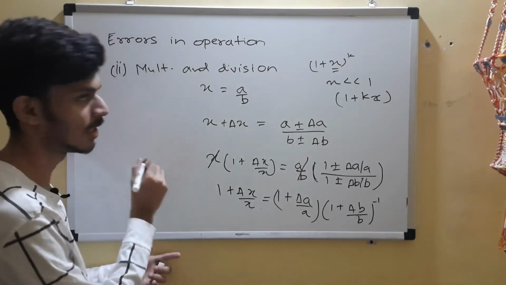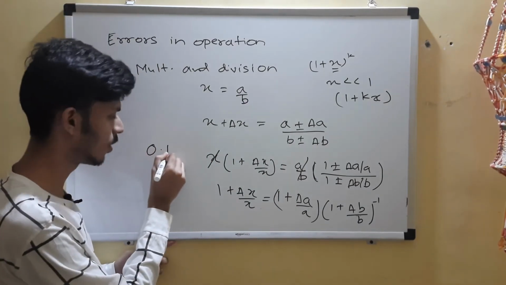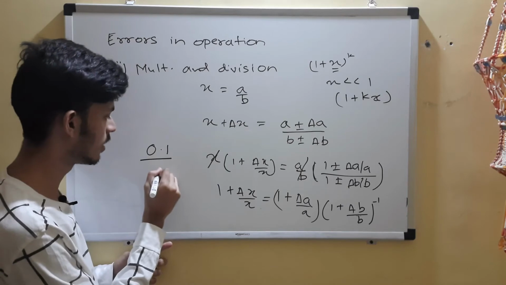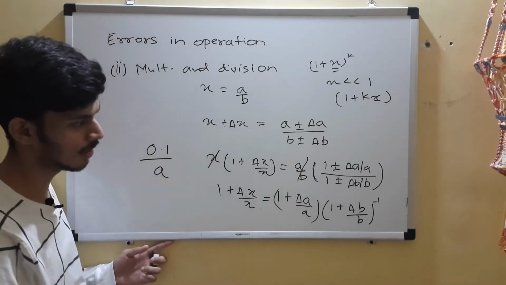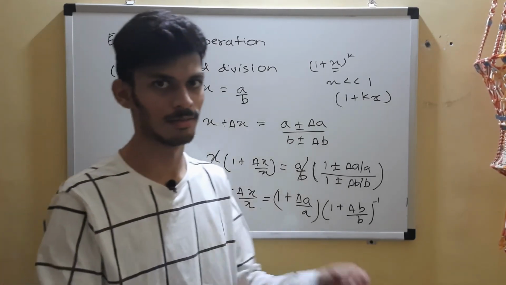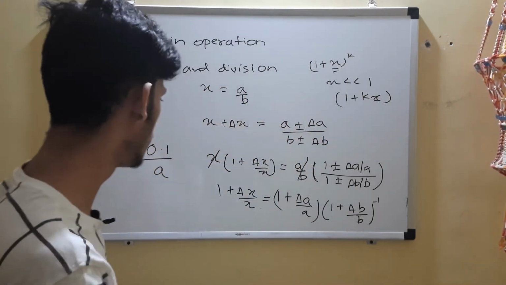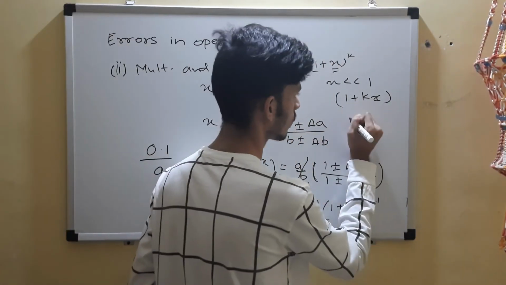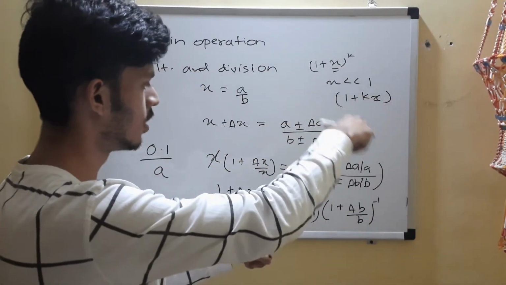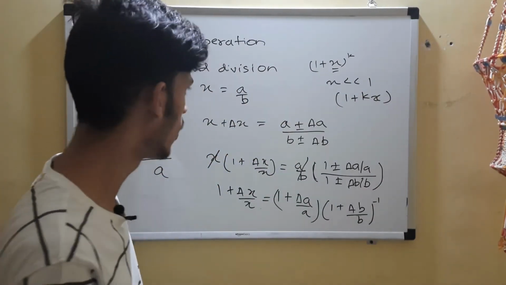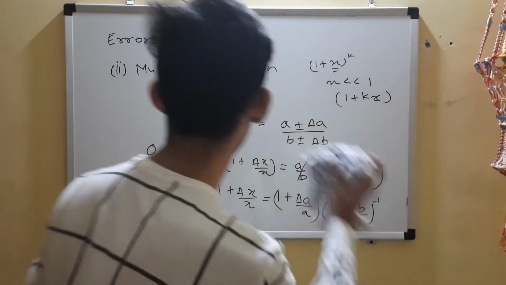Delta b is a very small value like 0.1, and you divide it by some true value which is obviously greater than 1, and that will get even smaller. So you can apply that knowledge here. You can bring that k down there. So let us remove this.